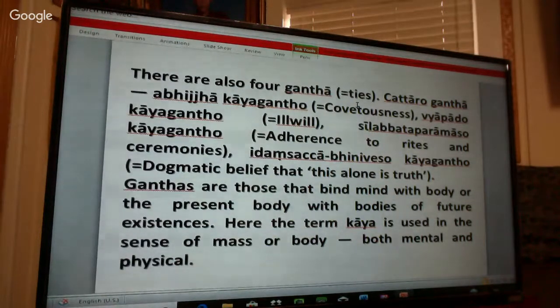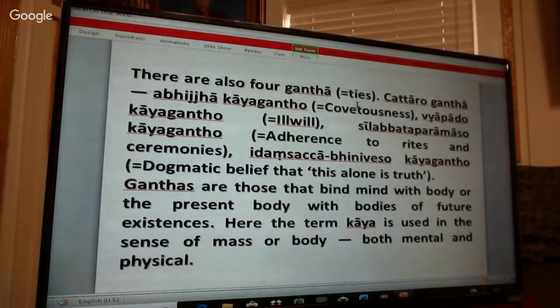The rites and ceremonies here are not meaningful ceremonies. You know, many people have different kinds of ceremonies, but not meaningful. Such unmeaningful ceremony or unmeaningful habitual rite is a kind of Silabbata Paramasa.